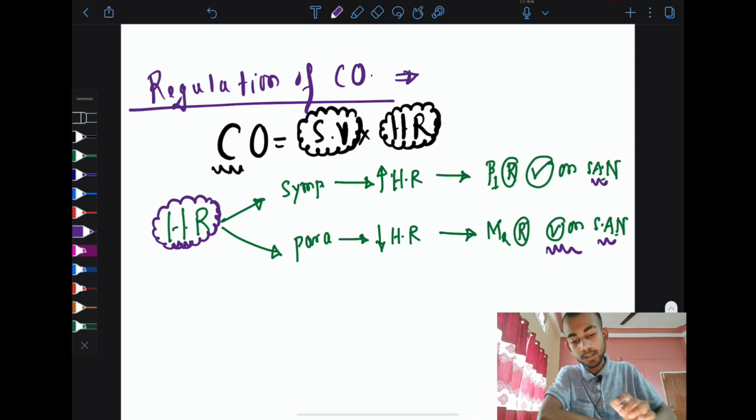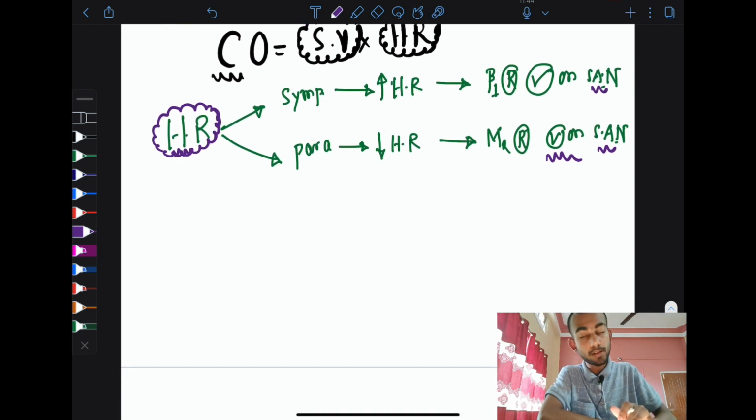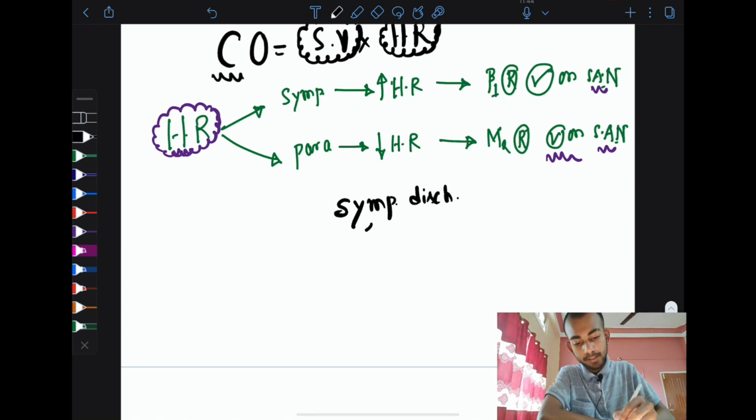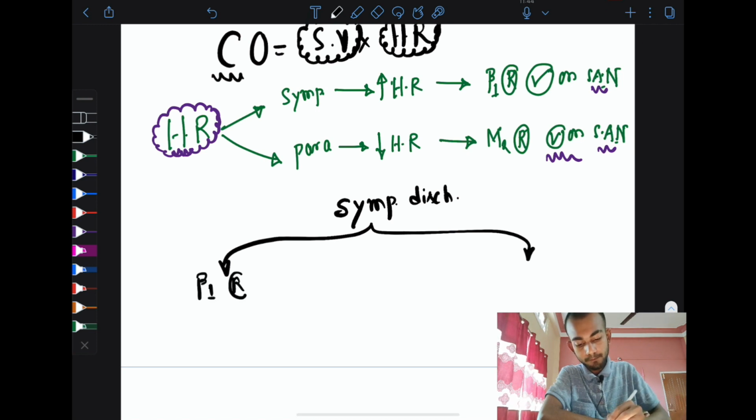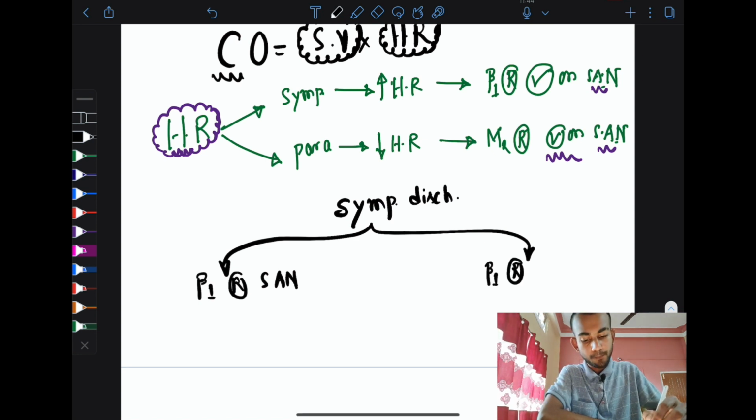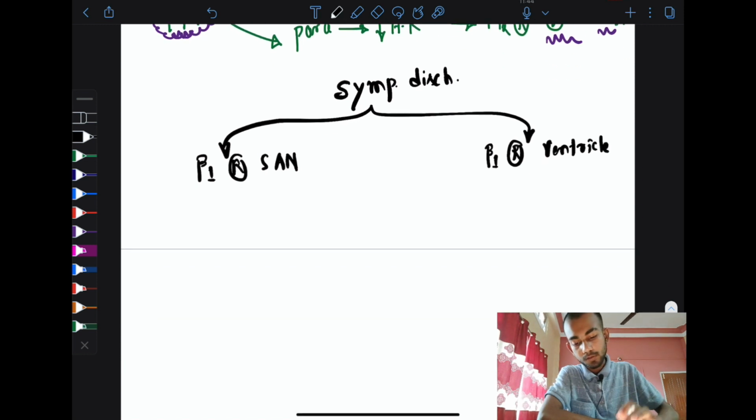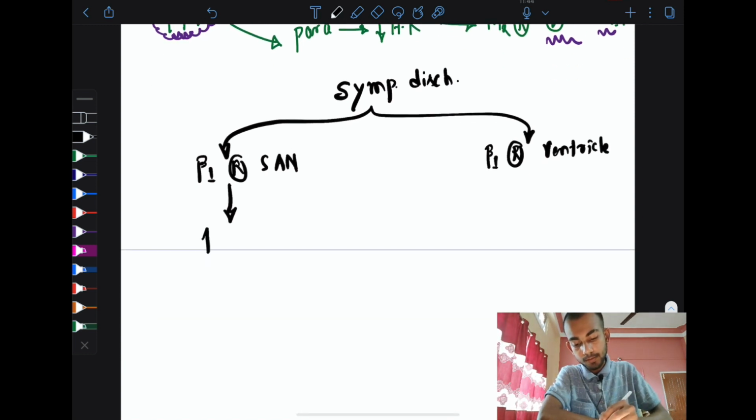Now before moving on to the stroke volume, let us talk about the dual impact that the sympathetic discharge has on the stroke volume and the heart rate, right? So sympathetic discharge acts on the beta 1 receptor present on SA node as well as the beta 1 receptor present on the ventricular myocyte to increase the rate of discharge of what?